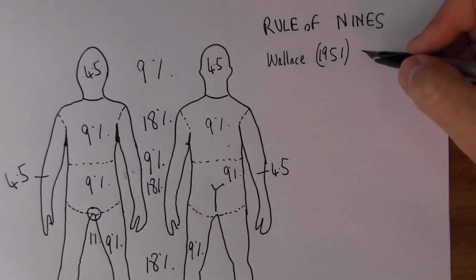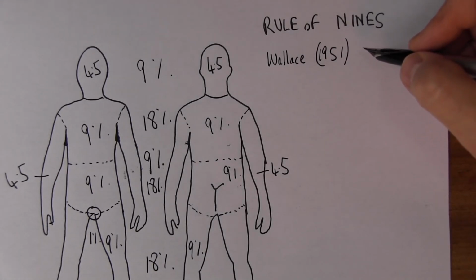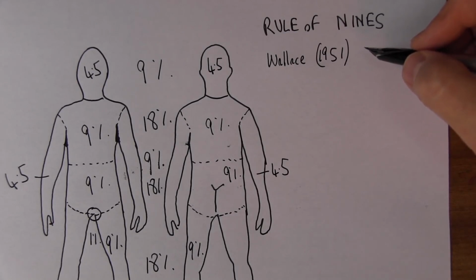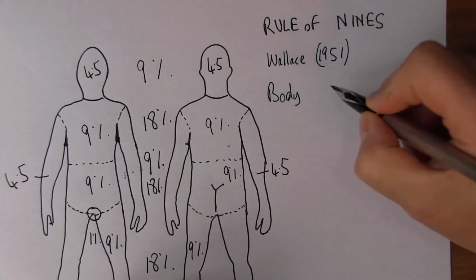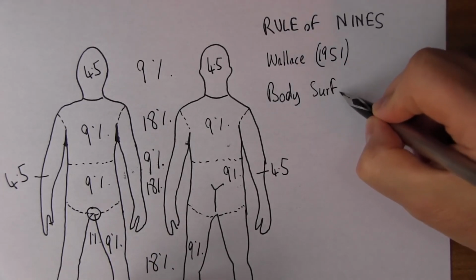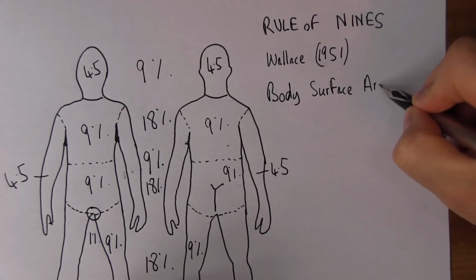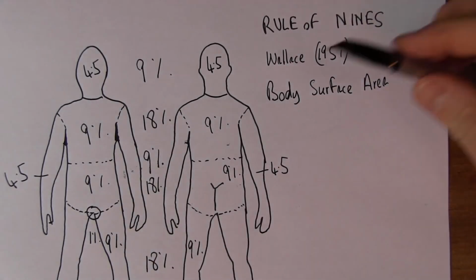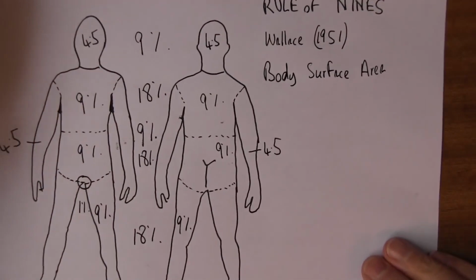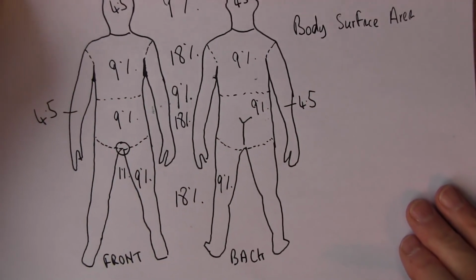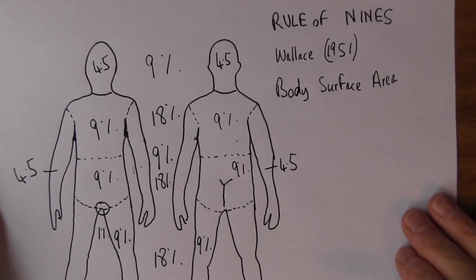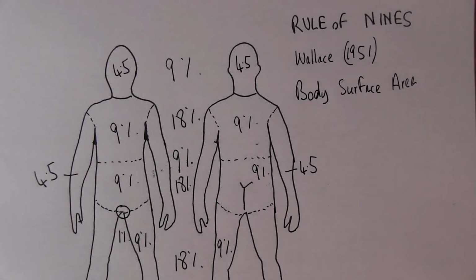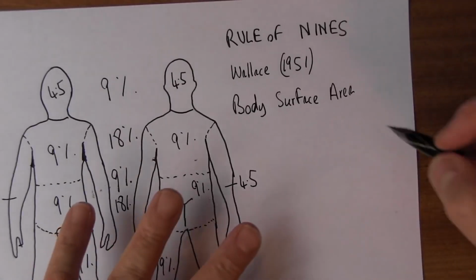Burns was his middle name. So it's important to understand body surface area. And this applies really quite well if people are over the age of 16 and aren't too obese. If they're very obese, you need to make some adjustments for the alterations in body surface area with obesity.